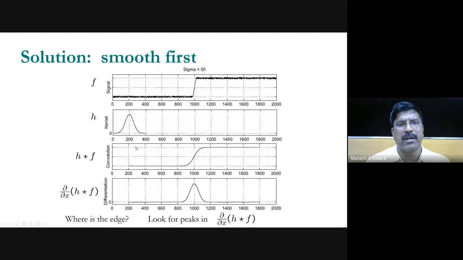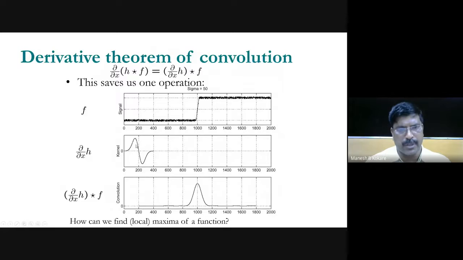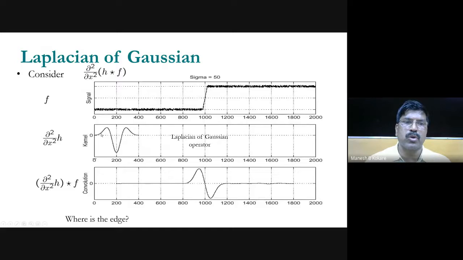Here you take the derivative of this Gaussian function like this. This is the first derivative. If you take the second derivative, you get the Laplacian operator. So you are taking the second derivative of the Gaussian function, and you get a function like this.